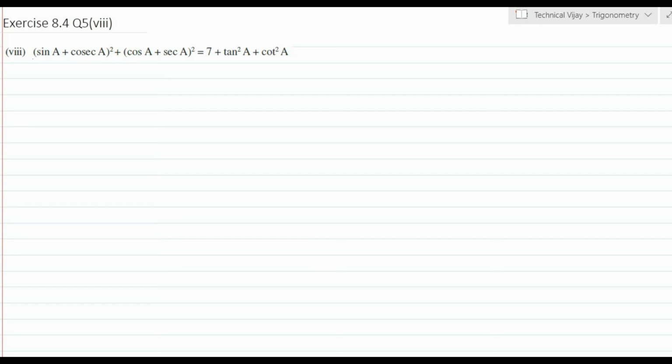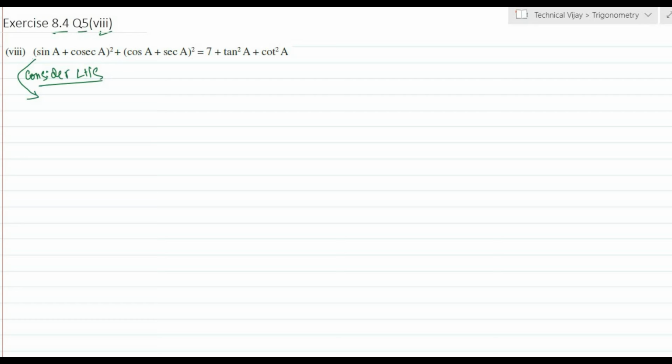So exercise 8.4, question number 5, in that the 8th one. So consider LHS. Here (sin A plus cosec A) whole square. So this we will simplify.